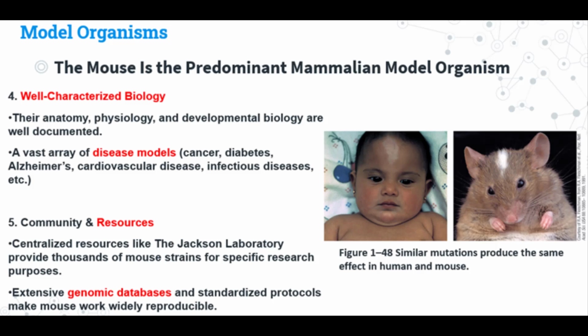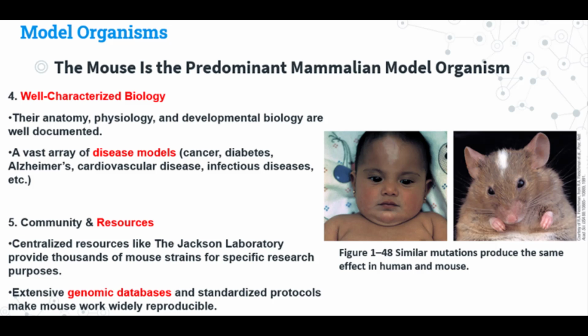And it's not just the individual mouse, is it? There's a whole infrastructure. The sources mention an entire community and resources supporting mouse research. That's a really important point. Centralized resources like the Jackson Laboratory, for instance, provide thousands of specific mouse strains bred for particular research purposes. Tailor-made mice. Pretty much, along with extensive genomic databases and standardized protocols.